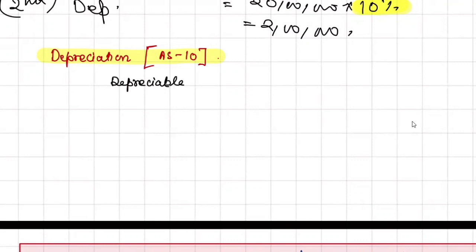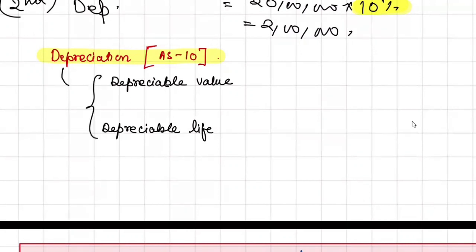Now there is a term known as depreciable value and depreciable life. The thing is like this: depreciation is always charged on depreciable value for depreciable life.